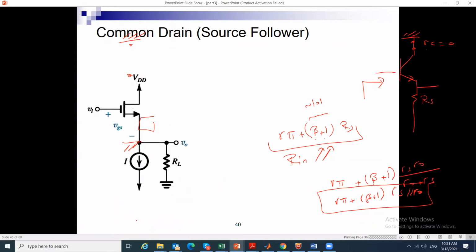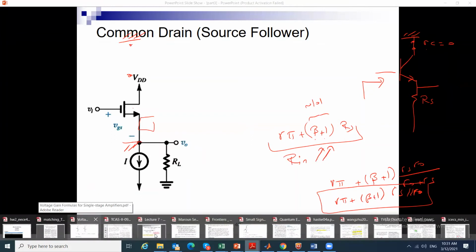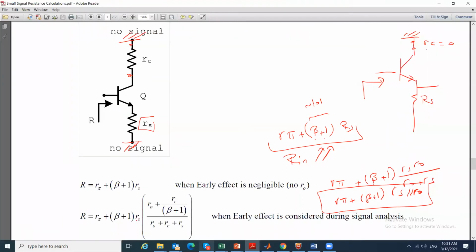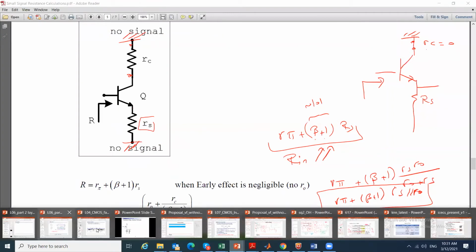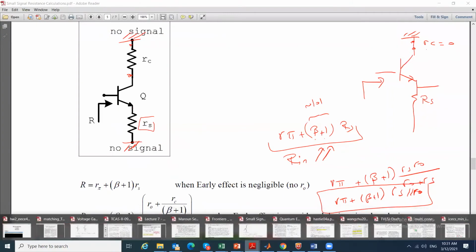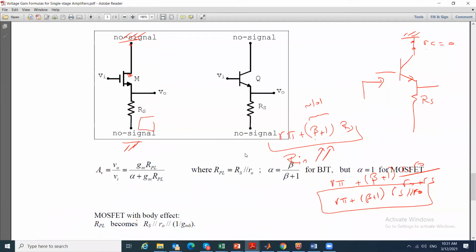It acts like a buffer: it has a large input resistance, but a gain equal to 1.